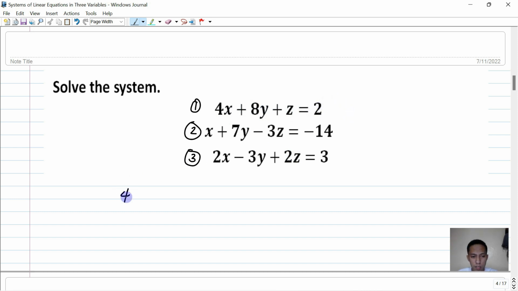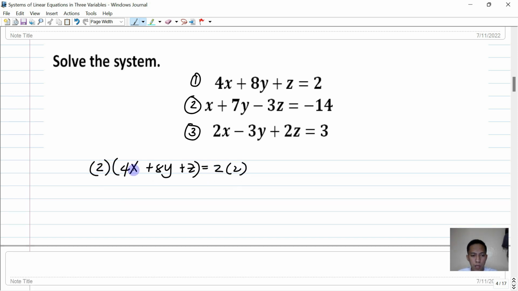So yung 4x, okay, plus 8y plus z equals 2 should be multiplied both sides by 2. So this becomes 2 times 4x, so that is 8x. So 2 times 8y, that is 16y. 2 times z, that is 2z. And we have 2 times 2, that is 4.